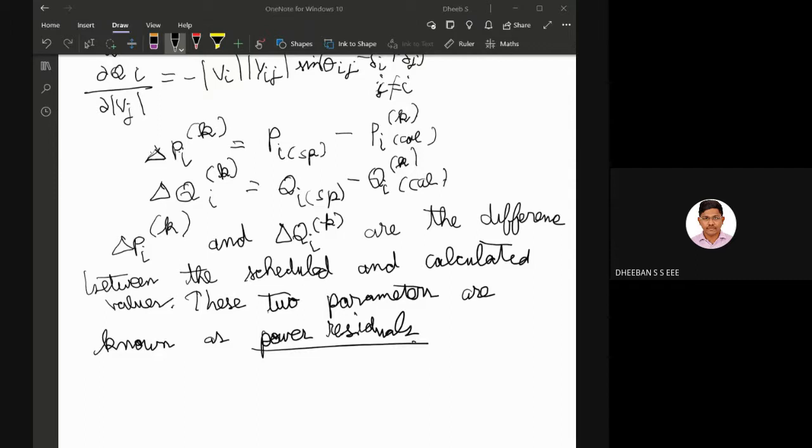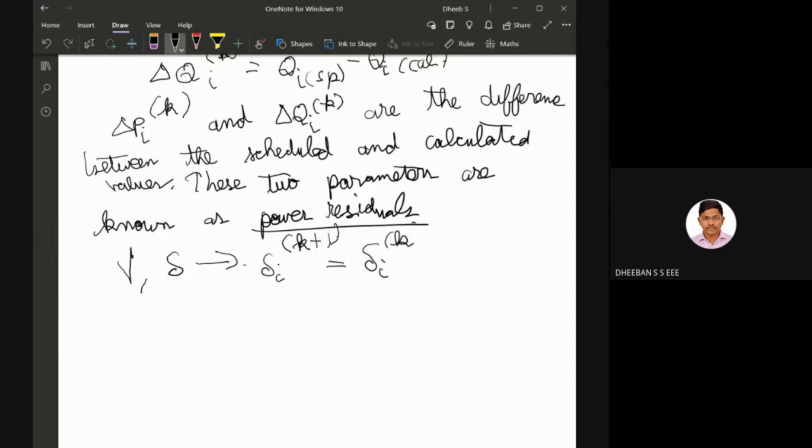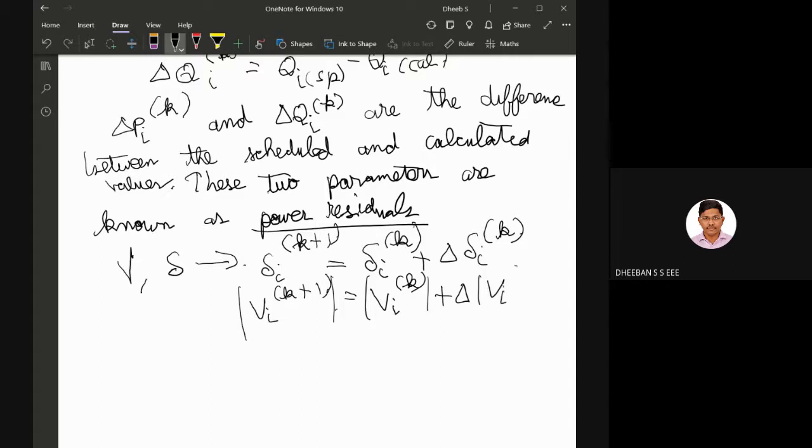From this you can estimate your V and del, such that del i of k plus 1, the needed value, will be equal to del i of k plus del of del i of k. And Vi of k plus 1 will be equal to Vi of k plus del Vi of k.